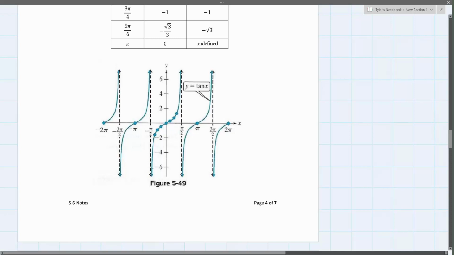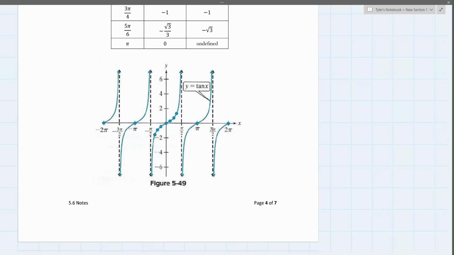So one period of tangent is in between these vertical asymptotes at negative pi over 2 and pi over 2. It would be every odd multiple of pi over 2. That's where we're getting these vertical asymptotes. Remember, we looked at that last time, and that's where we defined where tangent is undefined.